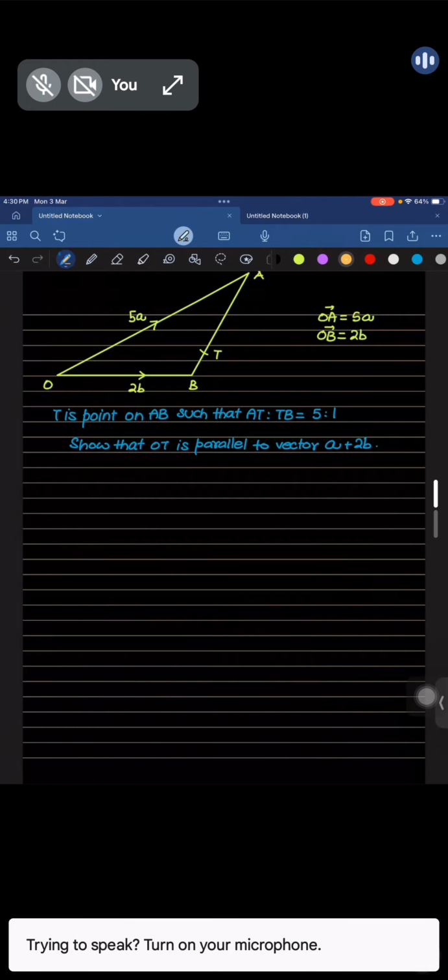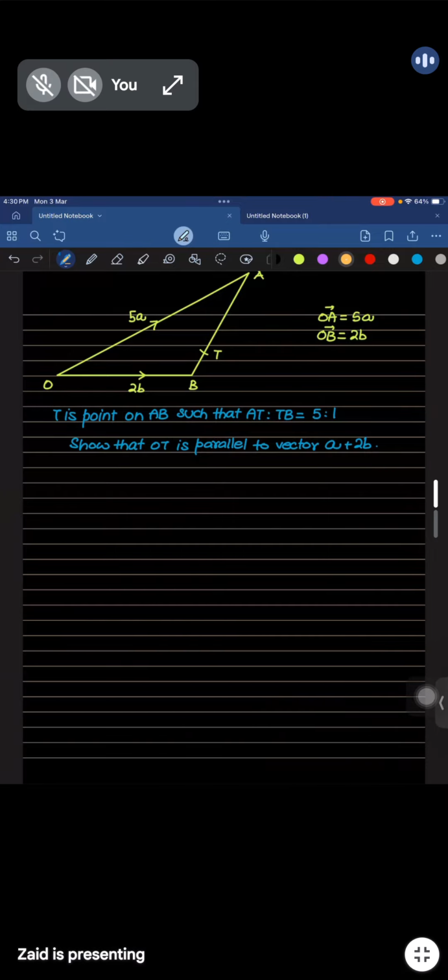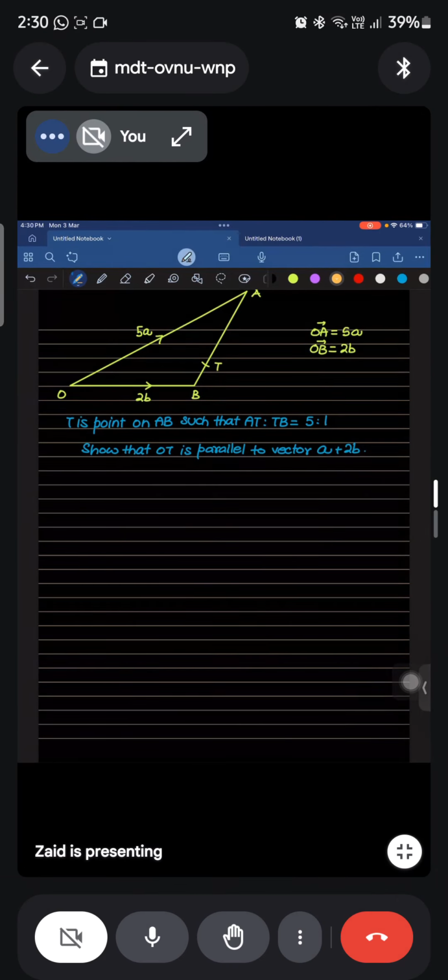So this one is to prove that a vector is parallel to another vector. How are we proving that two vectors are parallel? Let's suppose OB is parallel to OC. If the value of OA is A, let's suppose, and this is B, and there is a constant which is multiplied, then these two lines are parallel.